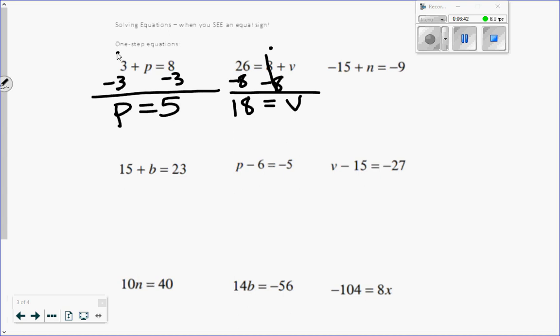So in order to get rid of that, we actually have to do the opposite of subtraction, which is addition on both sides. So n equals negative 9 plus 15, n is 6. I'm going to pause the video for just a minute. I'm going to have you work on this second row.